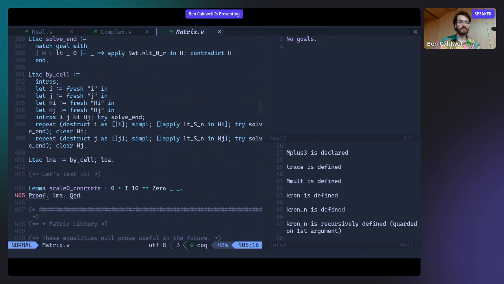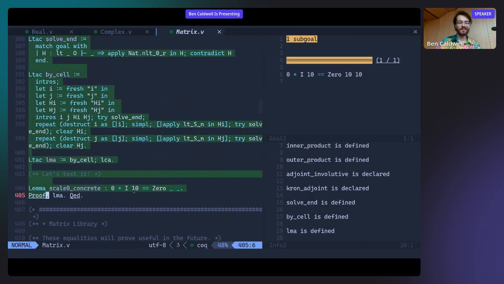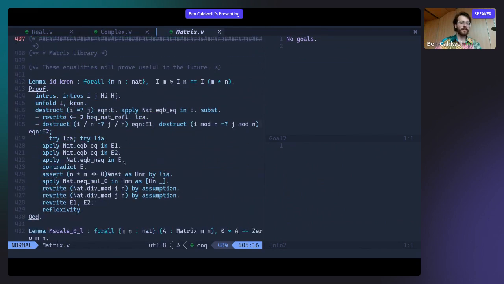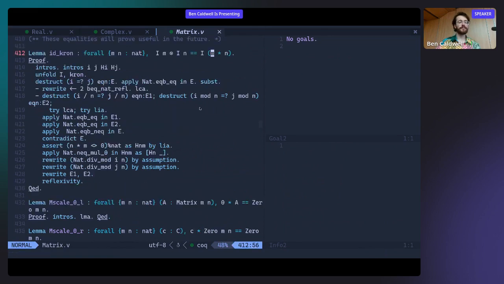Right, and so we can then use this to say, okay, well, 0 scaled against the identity, automatically solve, prove that's 0. And so yeah, then we get a couple of useful properties showing us how identity and Kronecker interact. So the dimensions just end up multiplying, and it's still an identity matrix.